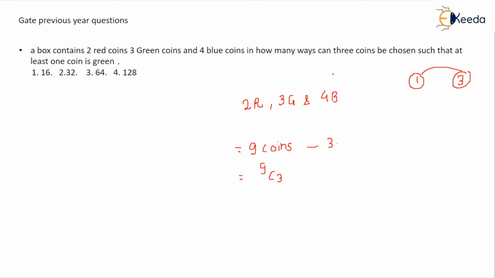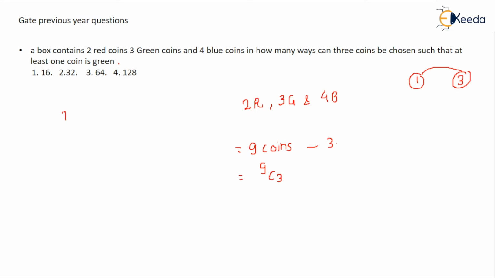And they are asking how many selections have at least one coin green in color. So if I subtract from the total number those cases which are not green, what do I get? I will get the cases where the coin was green, right?